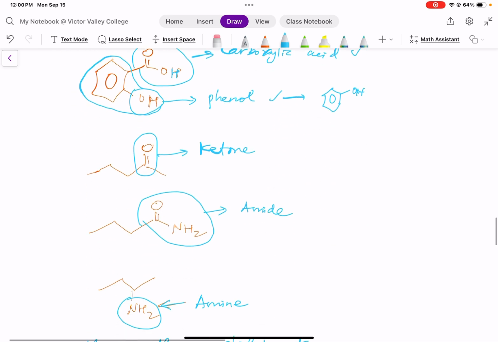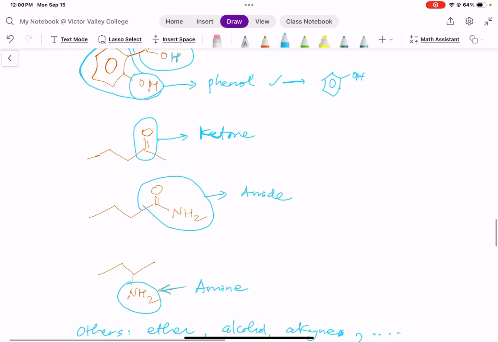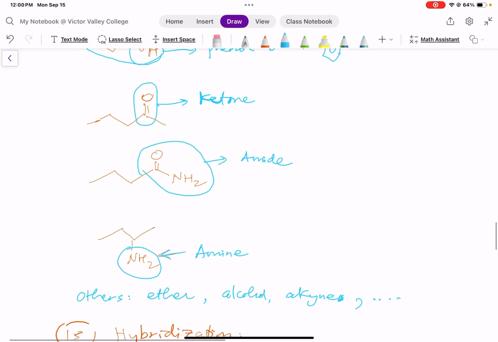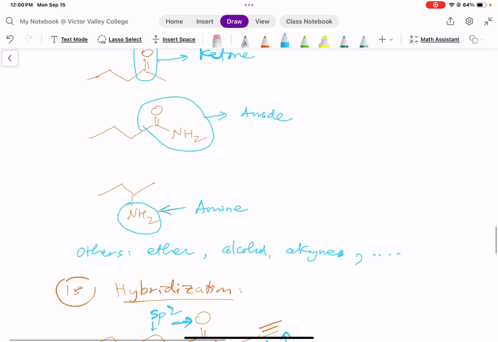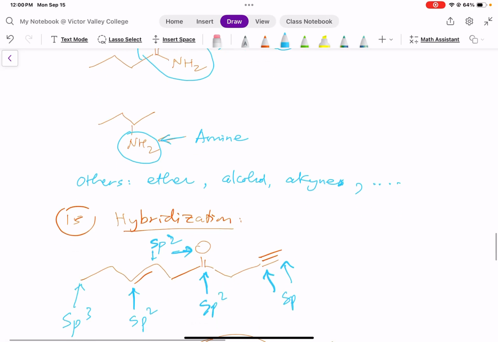Ketone, just C double bond O. Amide, double bond O and nitrogen, NH2 or NHCH3. Amine, just nitrogen. Also, please look up other functional groups like ether, alcohol, aldehyde, alkynes, stuff like that.